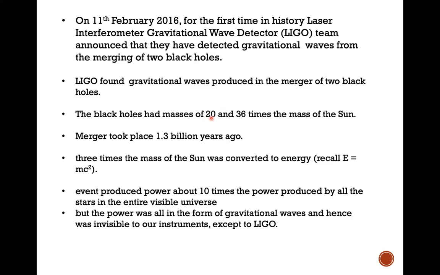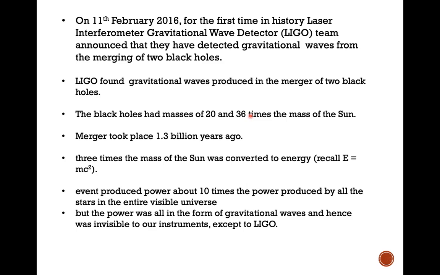One black hole was 20 solar masses and the other one was 36 times the solar mass. How they were calculated is a different story, because you need to know all these theories, but I'm just providing the information here.